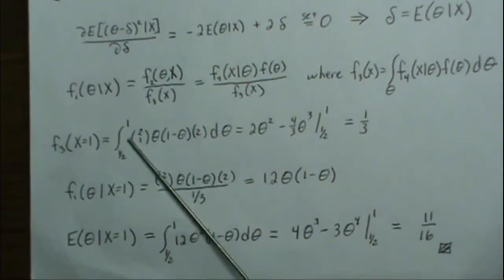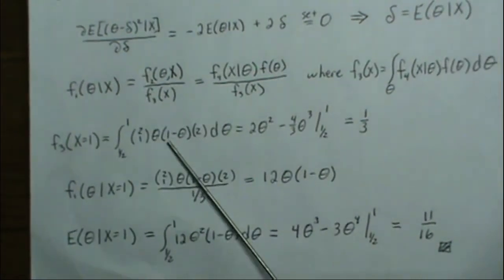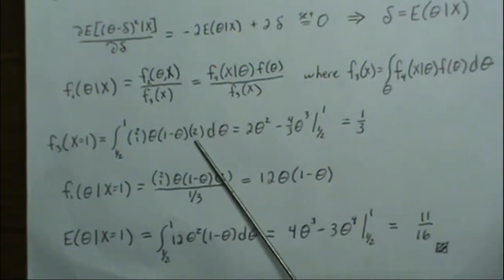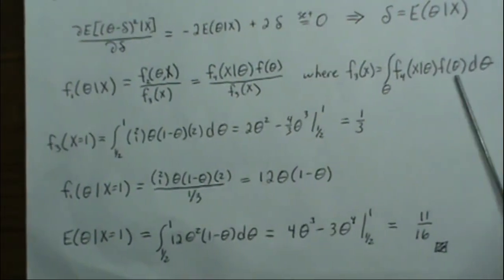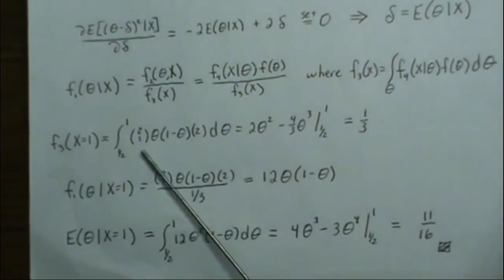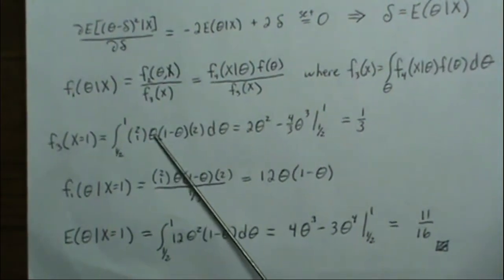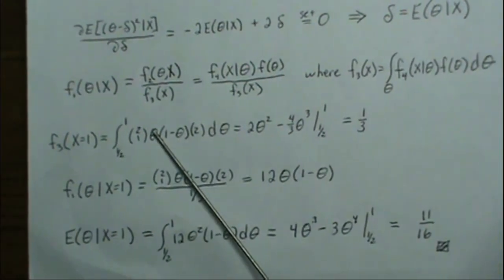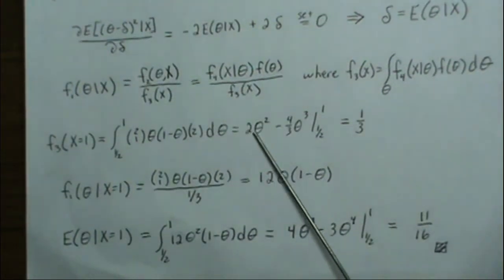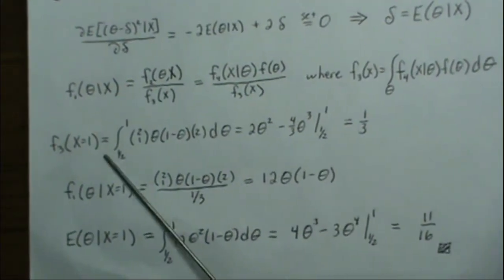This is the binomial, 2 choose 1, because x is 1. Theta to the first, 1 minus theta to the 2 minus 1, which is 1, and then the 2 is our prior distribution, and then that equals this when you integrate. So this is 2 and this 2, which is 4, and then this is theta squared over 1/2, then the 1/2 and the 4 cancel, and so we get 1/3.